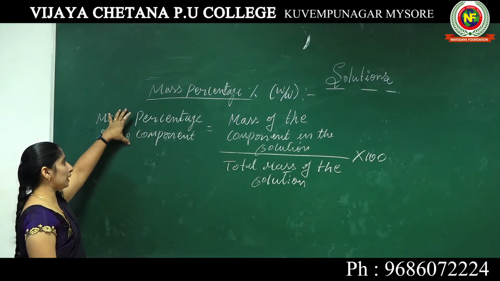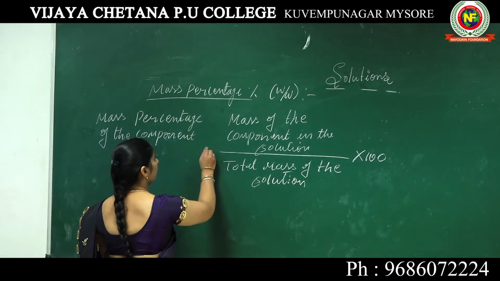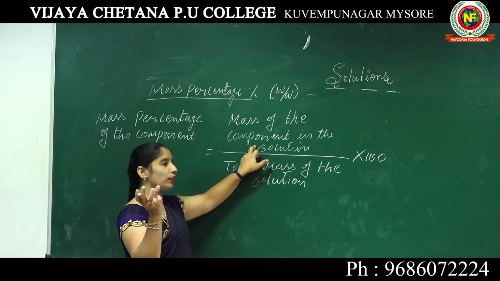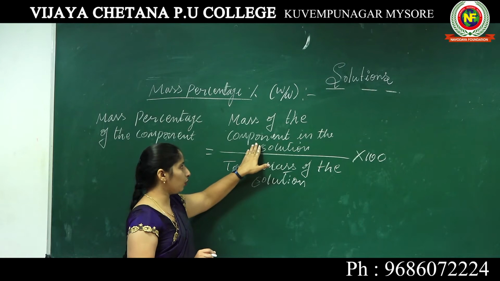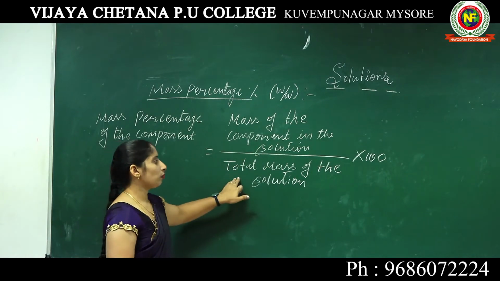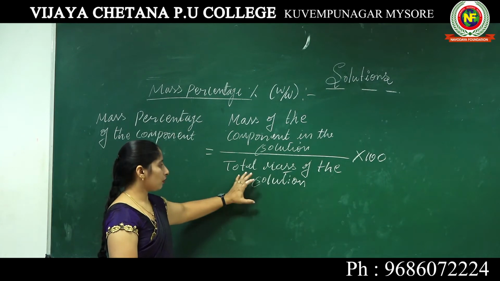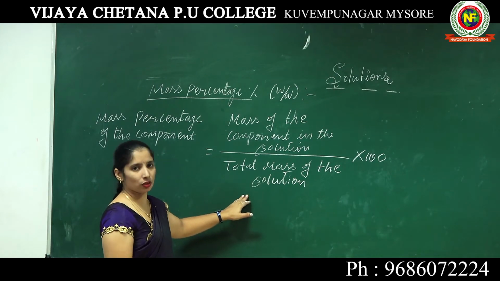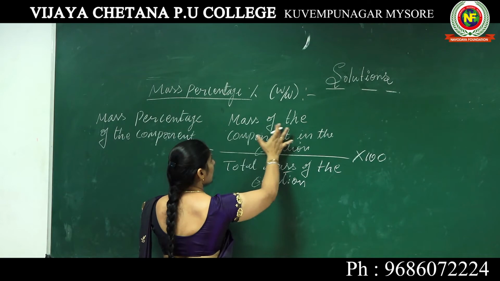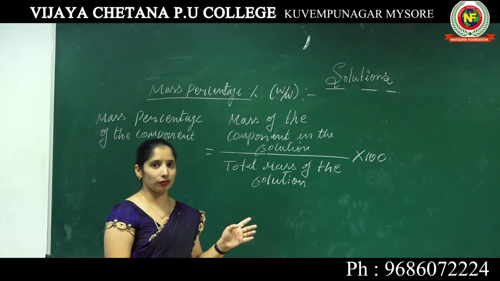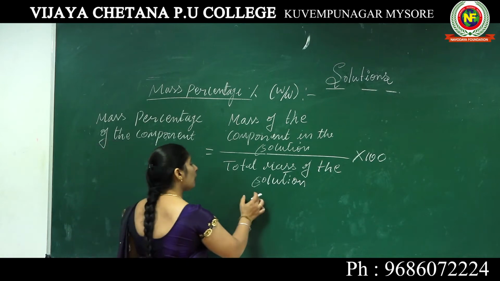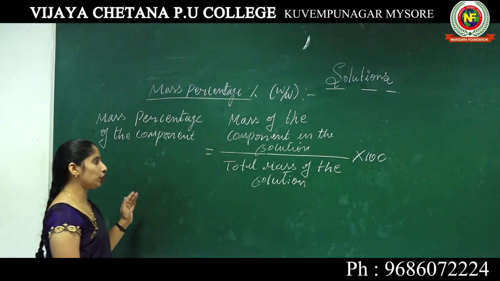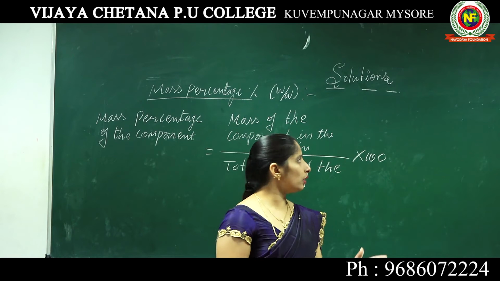The mass percentage of a component, meaning the solute, is the mass of the solute divided by the total mass of the solution. In brief, it is the mass of the component in a solution by the total mass of the solution, so we can also write the mass of the solute by the mass of the solution, multiplied by 100.